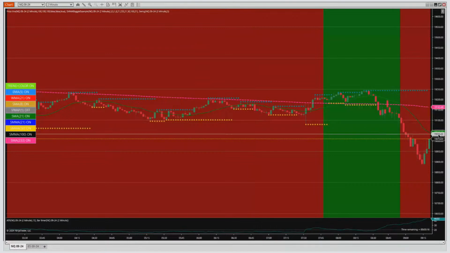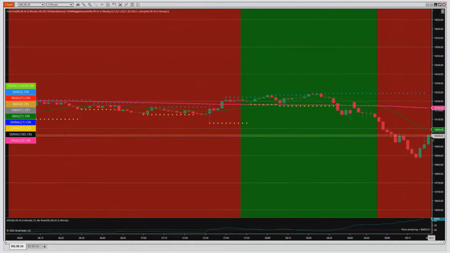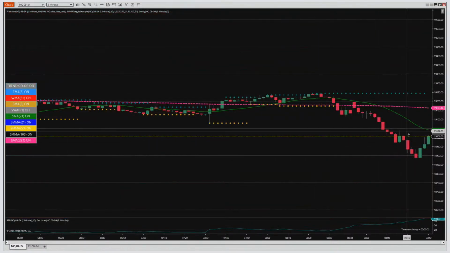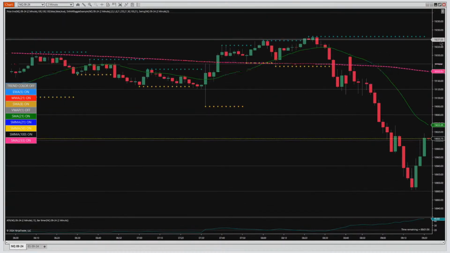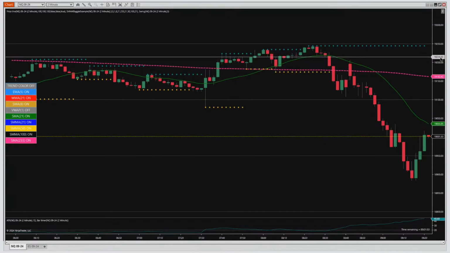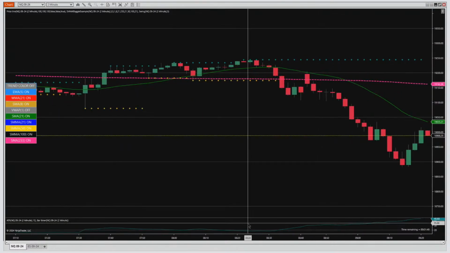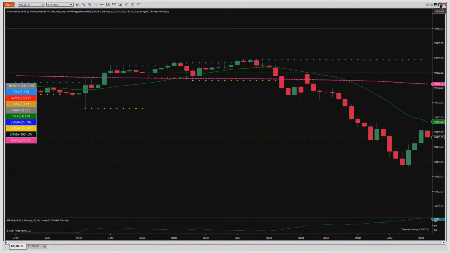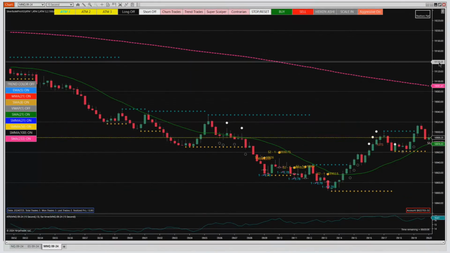In this falling market, unless the price closes above 21 SMA on this 2-minute chart, I will not dare take any long trades. Even then, I'll be very selective in taking long trades because everything is bearish. On every chart, things are bearish. So that's how we decide.